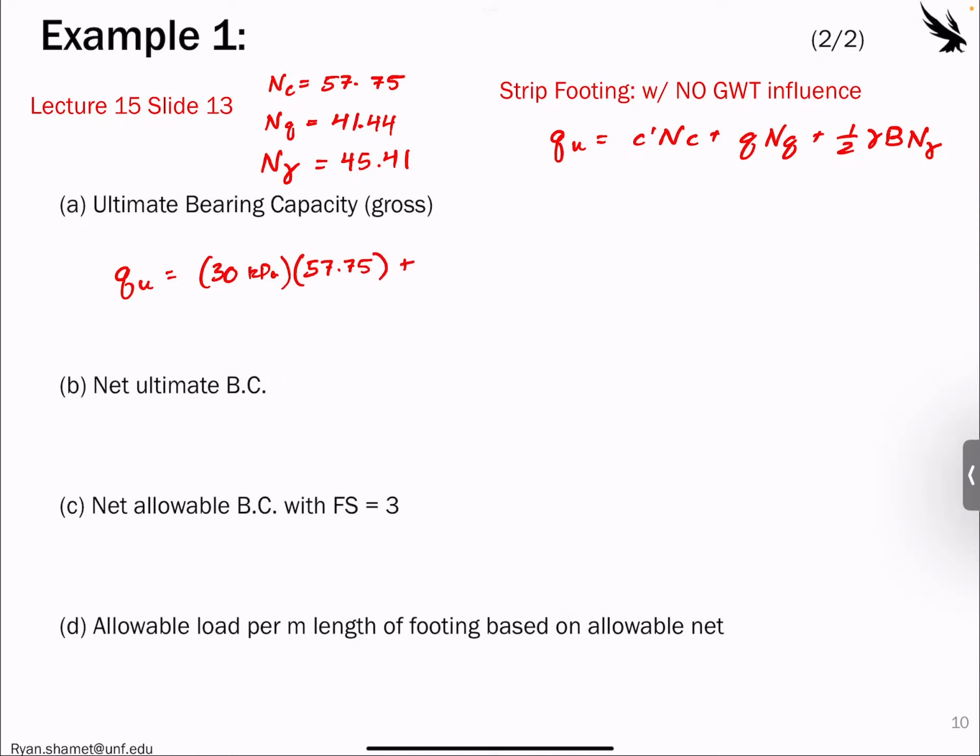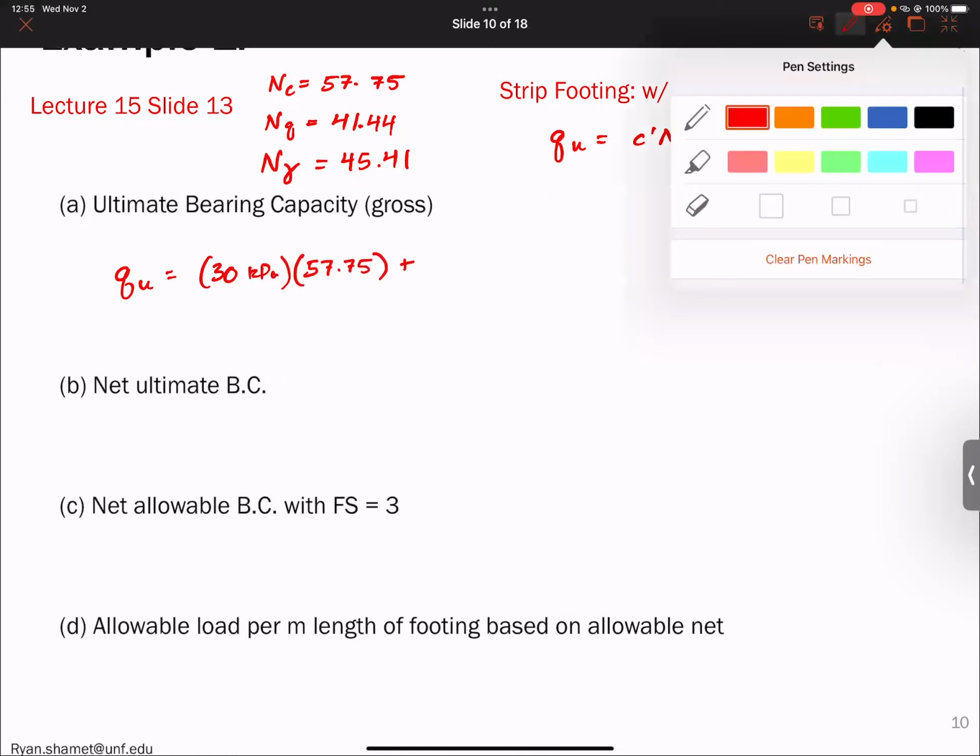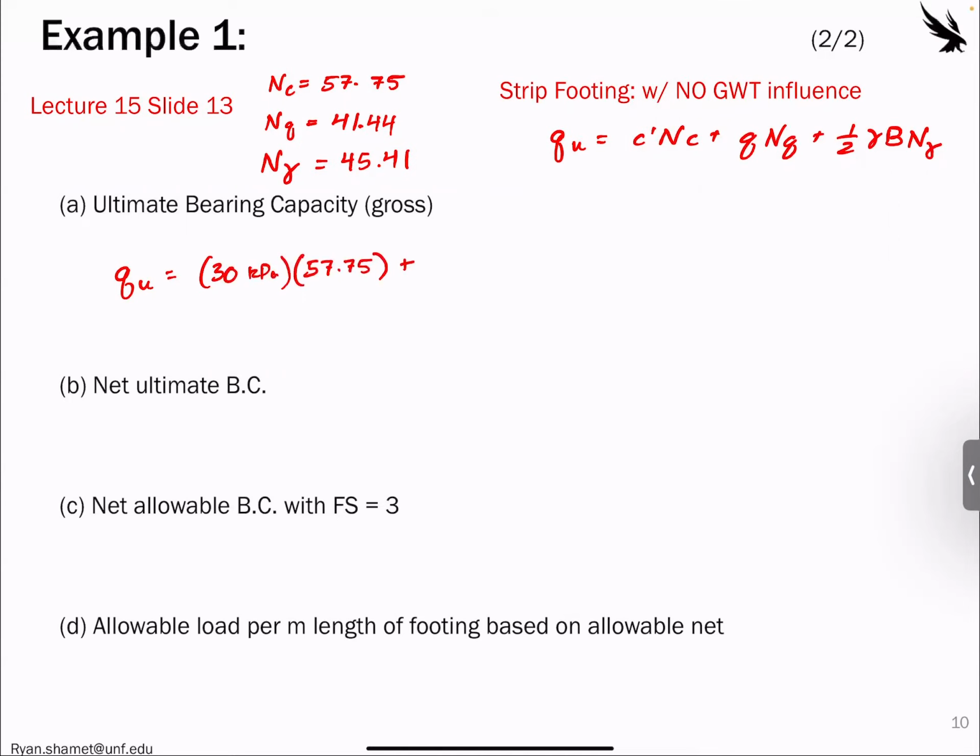For the Q, here what I'll do is I'll calculate Q ahead of time, or at least show Q. Remember, Q is the unit weight times the depth of footing. Our unit weight of our soil is 17.25 kilonewtons per cubic meter, and it is 2 meters below the surface.